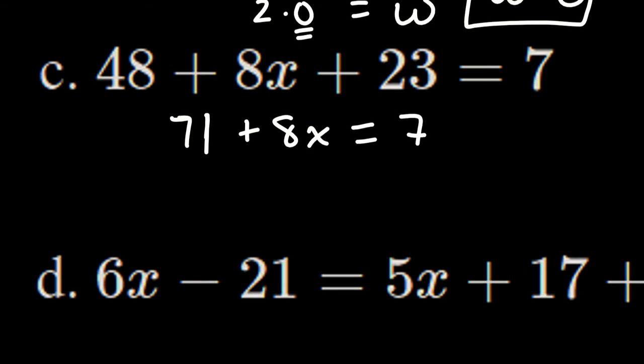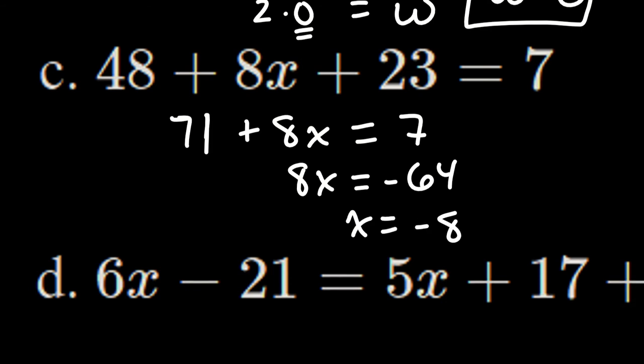So now I'm going to take the number 7 and subtract from that 71. When I do that, I believe I get negative 64. So 8x is negative 64. And if I take negative 64 and divide that by 8, I believe it leaves me with x is negative 8. So I think x is negative 8 is my solution.